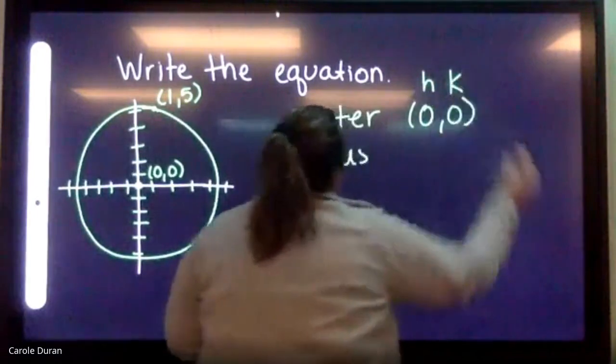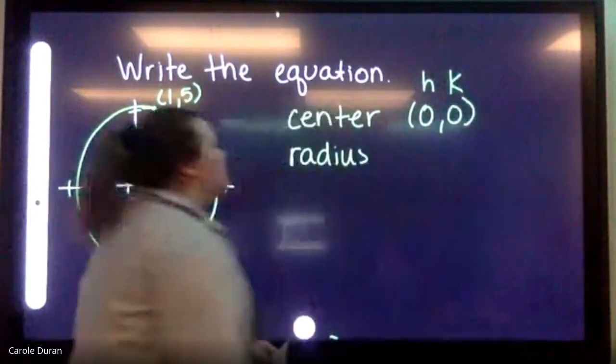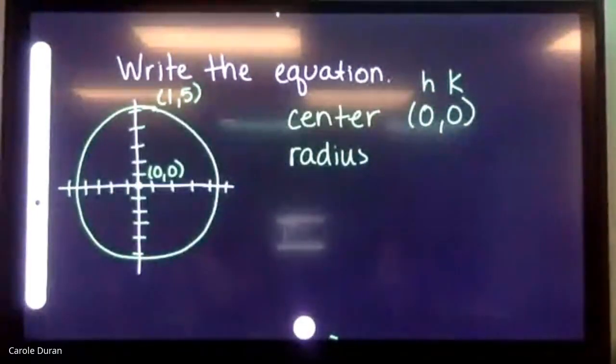Again, the first coordinate is my h, and the second coordinate is my k. Do I know the radius of my circle? No, but how do I find it? Distance formula. So on your own, please find the radius for this circle.